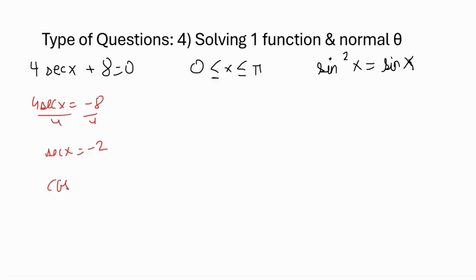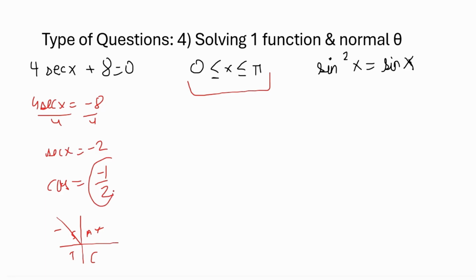So cos x equals negative 1 over 2. Now we have the interval thing again. So we're trying to find it between 0 and pi. So what we do is, where is it negative? CAST. It's positive here, it's negative here. So we're trying to find it in this quadrant.